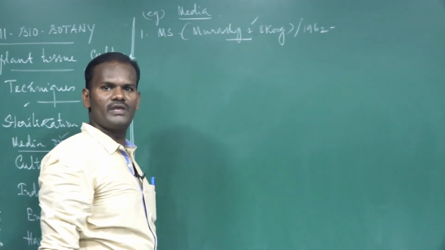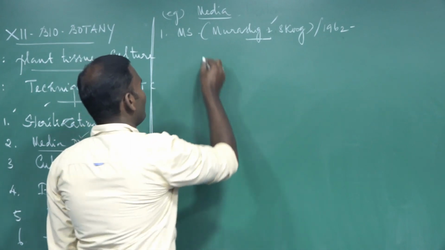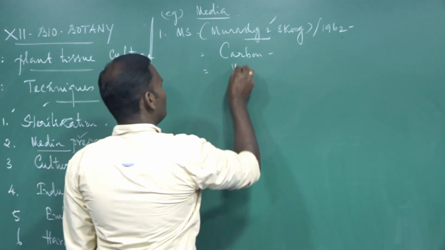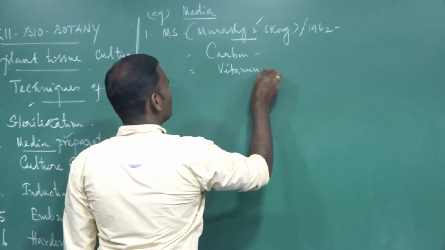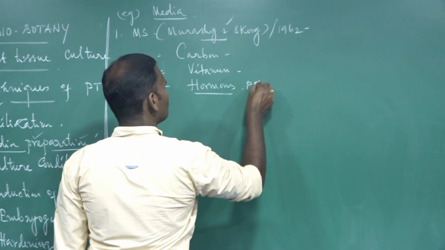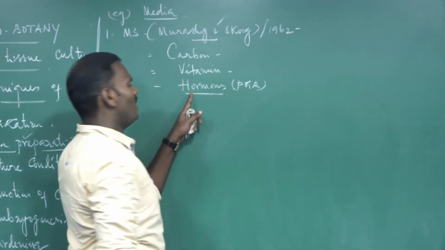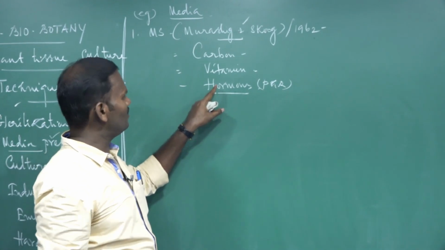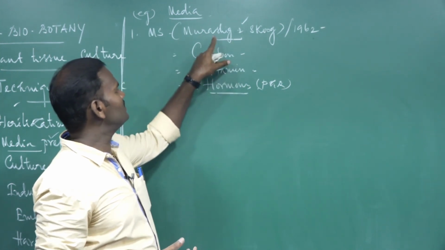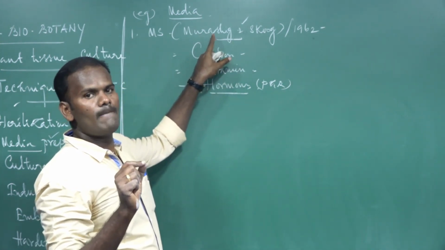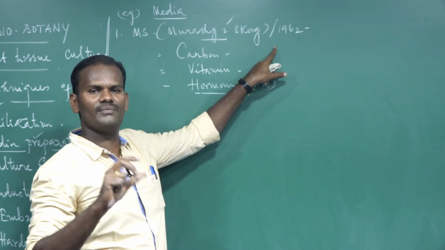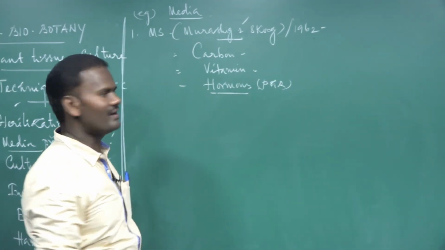It contains a lot of carbon sources, vitamins, and hormones, that is, plant growth regulators such as auxin and cytokinin. Macronutrients, micronutrients, minor nutrients and iron content are all present in this medium. It is commonly used for all purposes of tissue culture within laboratory conditions.